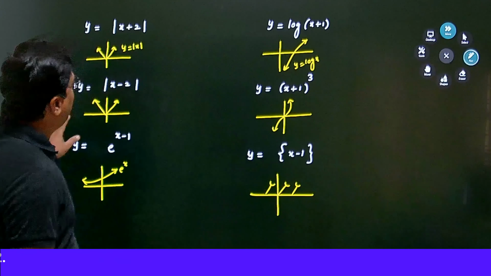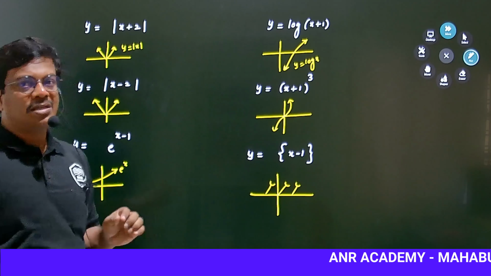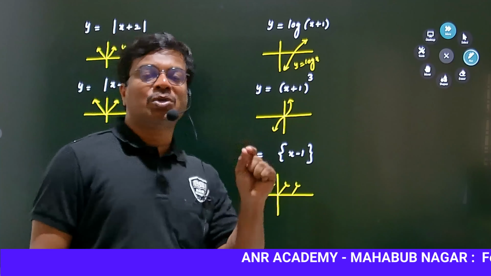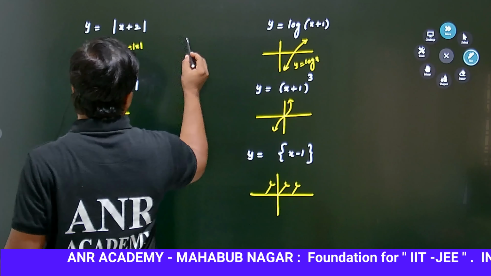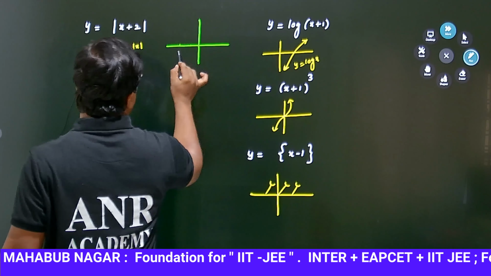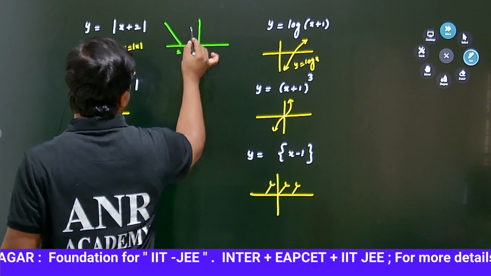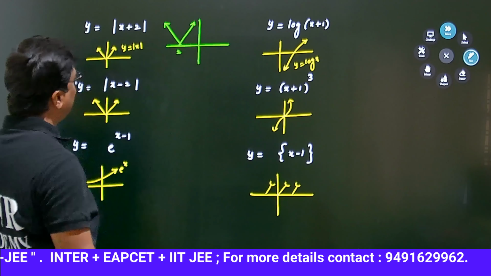Yes, when you have plus 2, just now we discussed, you have to shift the graph 2 units towards left. The same graph you have to shift 2 units towards left. That means here it is minus 2, and the V-shaped graph has a sharp edge at x equal to minus 2. This is the graph.